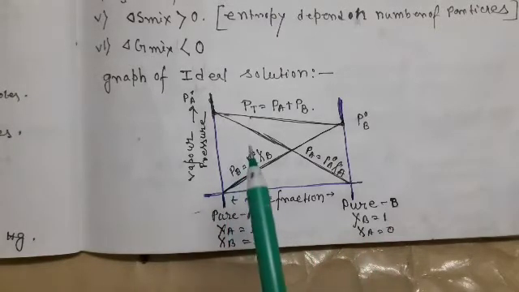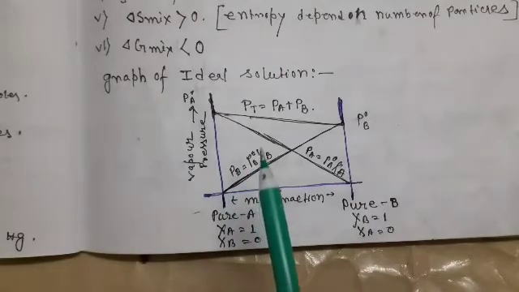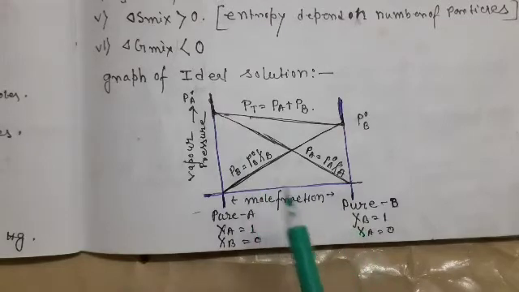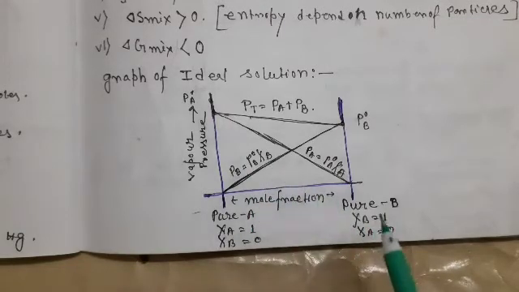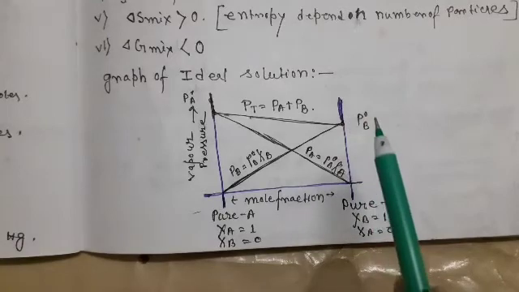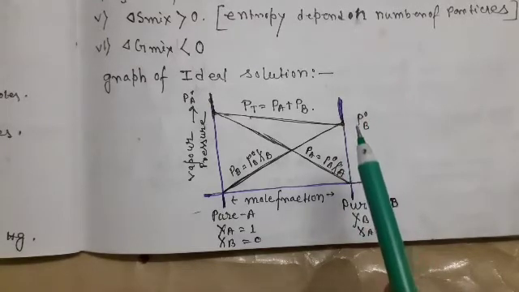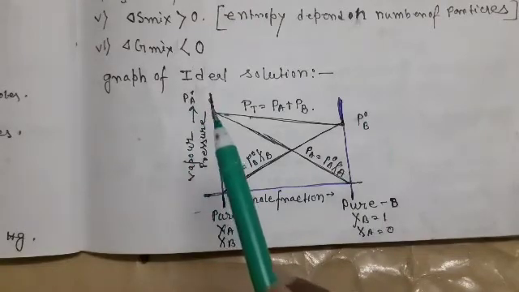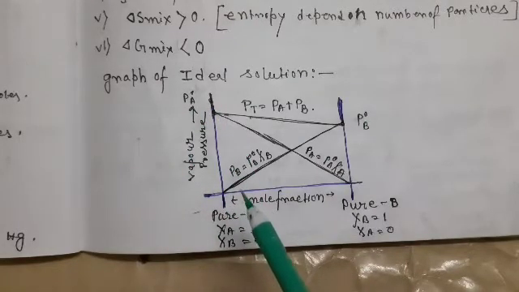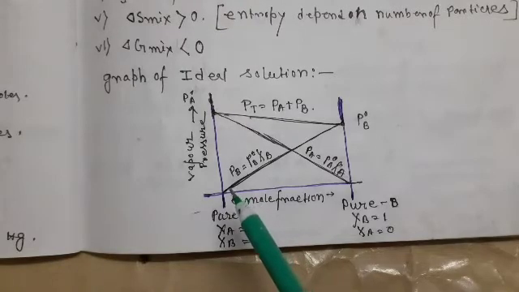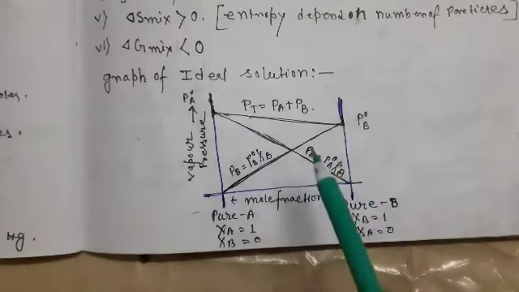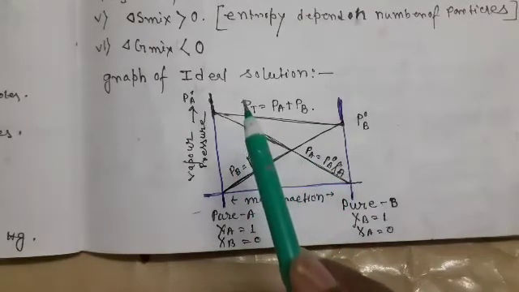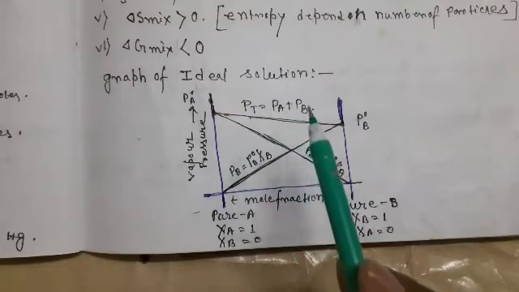An ideal solution follows Raoult's law, that is why PB is equal to P naught B zeta B. When zeta B is equal to 1, PB is P naught B, the pure liquid B vapor pressure, and here also P naught A, the pure liquid A vapor pressure. We put in the values of mole fraction and get the straight line equation for PA and for PB. And the total pressure PT is equal to PA plus PB.